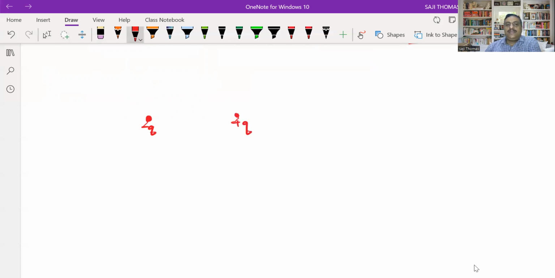Along the axial line, for a dipole the electric field decreases, E equals K 2p by r cube. So along the axial line the potential decreases, so the shape will be like this.